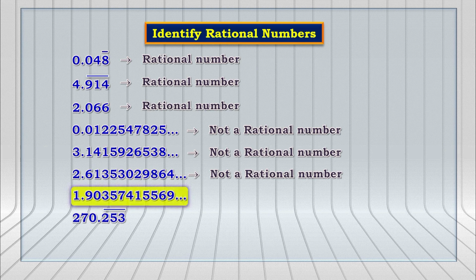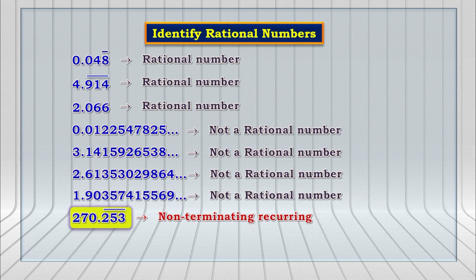Now 1.903574155569 dot dot dot. This is also non-terminating and non-recurring. So it cannot be a rational number. Now 270.253 bar. So here we can clearly see that 253 is repeating. So this is a non-terminating recurring number. So that's why it is a rational.